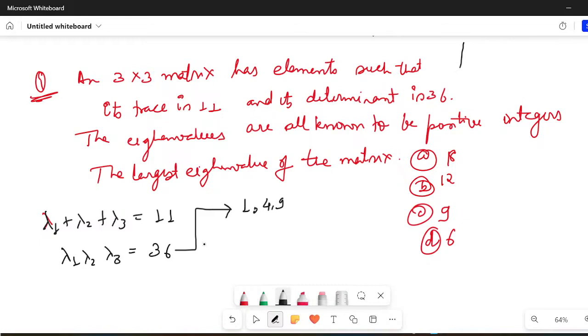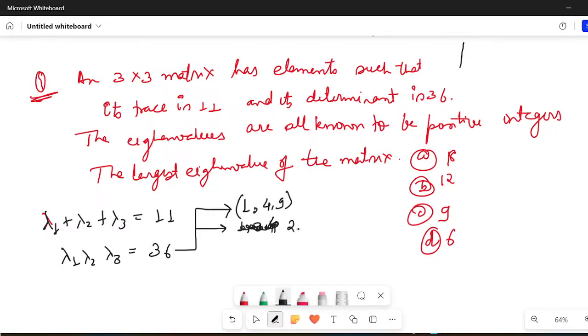Now you can permute also, so it can be 1, 9, 4, and all those things, giving a 3 factorial kind of thing, but I'm just giving you the groupings. One grouping can be 1, 4, 9.